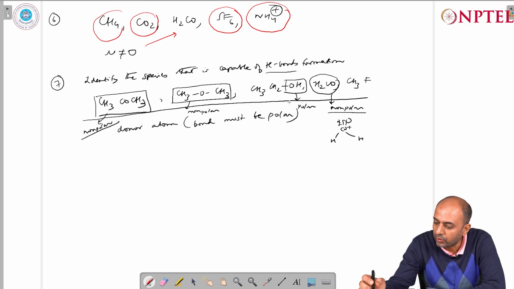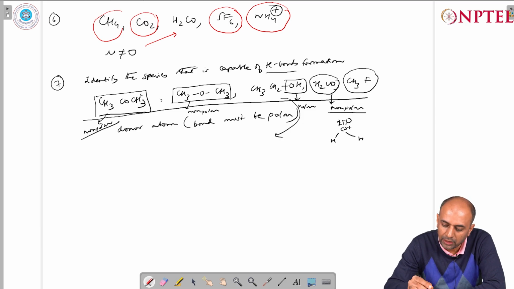And finally methyl fluoride, which again has got CH bonds which are relatively less polar. So out of these 5 molecules, potentially ethanol can engage in hydrogen bond formation, followed by methyl fluoride, which can participate in weak hydrogen bonds, and then we also can have participation from formaldehyde. But these two definitely are non-polar and will not participate in strong hydrogen bond formation.